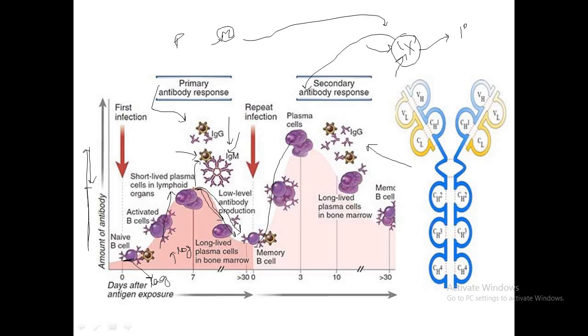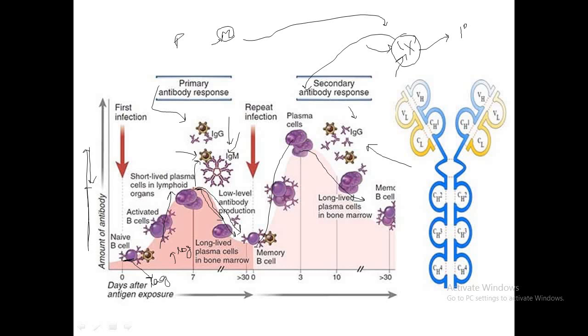So if you look here, in this response IgG is produced, and once this IgG completely binds the antigen, both this antigen and antibody will be removed. They will completely bind the antigen and completely remove it, and then there is a decrease in the curve of antibody.